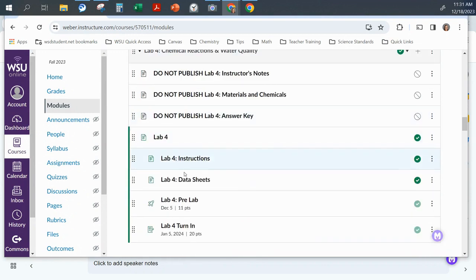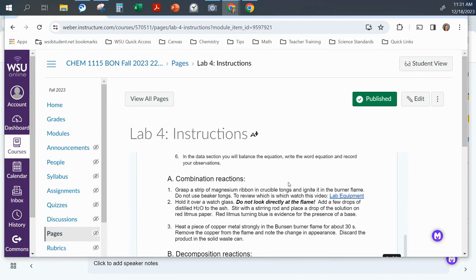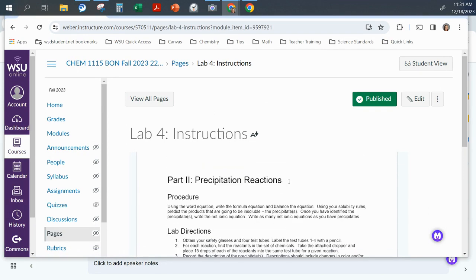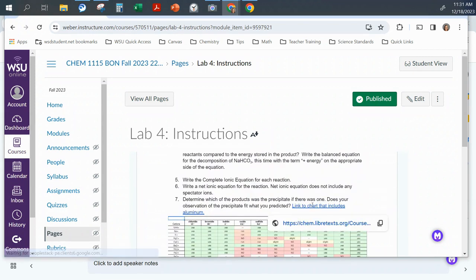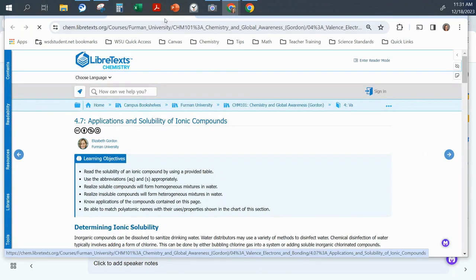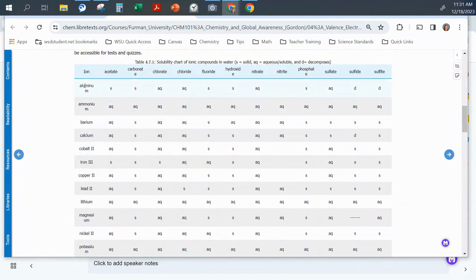And then let's go to instruction. So we're looking for this chart thing that includes aluminum. That's what we need. Great. So we're going to scroll down. Here's our chart. Aluminum's right on the top.